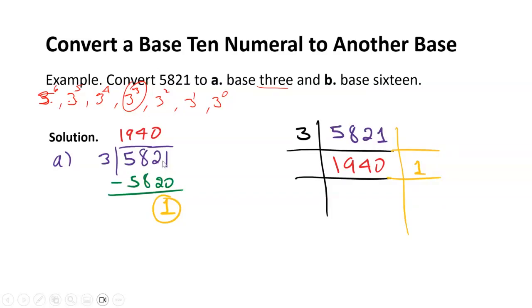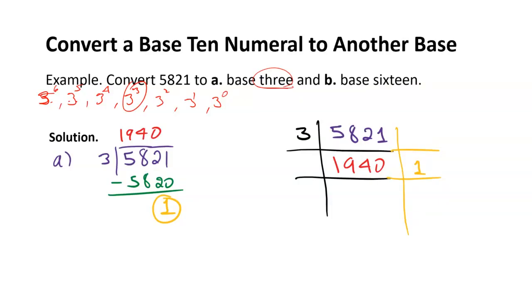What I'm going to show you is a specific way that we organize all of these divisions, because you could have a lot of divisions all over your paper and it's a little bit disorganized. One way of doing these divisions is to start by dividing by the base. My number was 5,821 divided by 3.